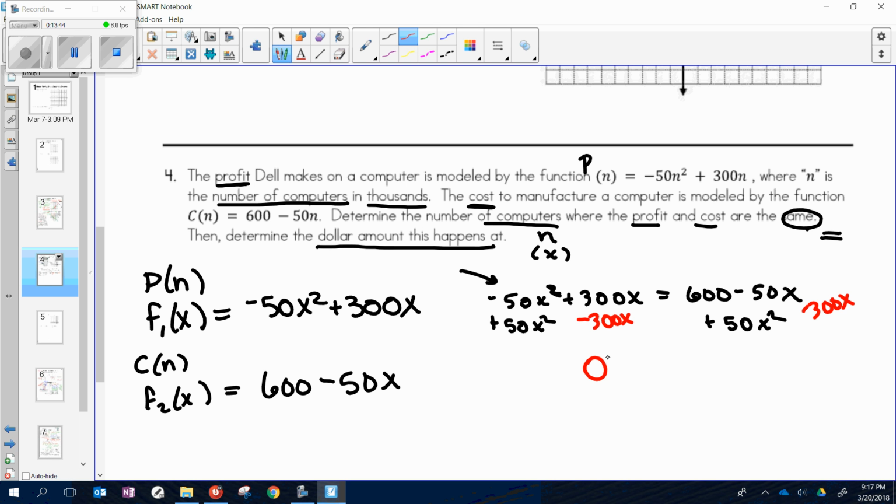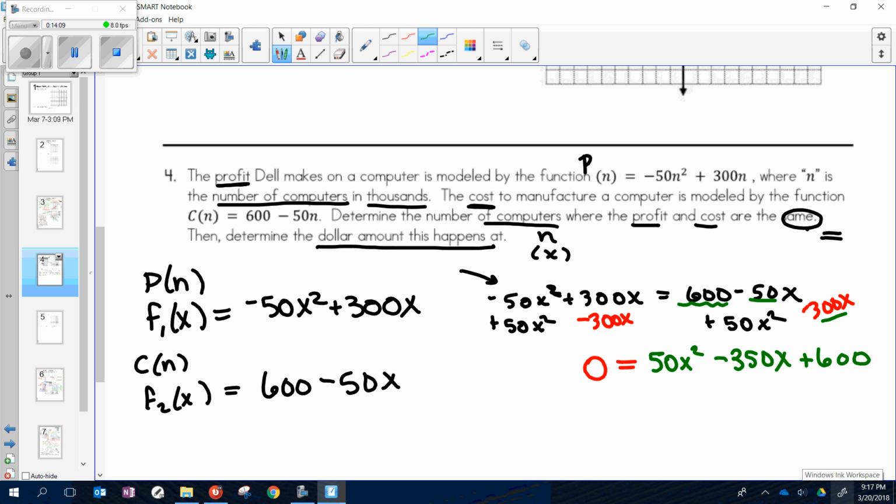Here's my 0. Now over here, I have my 50x² first in standard form. I have to have the x² first, then I'm going to look at the x's. I have a -50 and a -300, -350x. This little old 600 is all alone, so plus 600 for the constant. This looks like a hot mess.